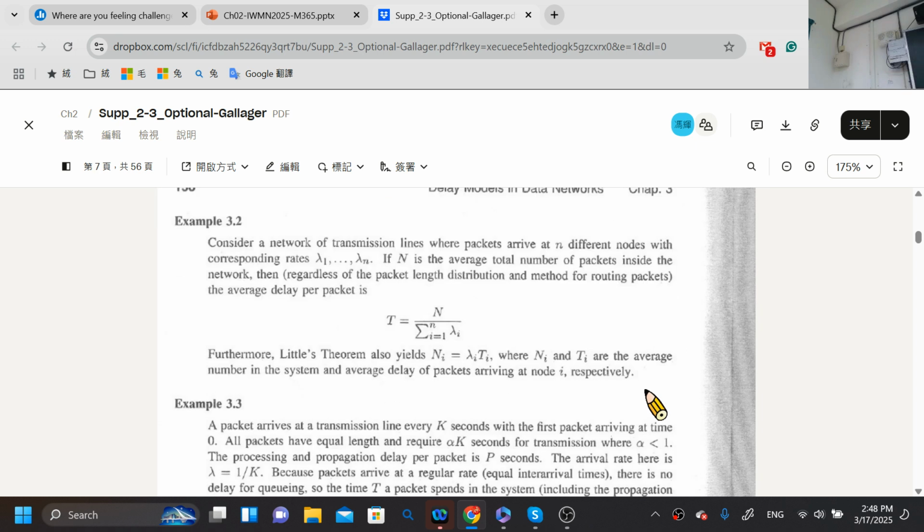And the next one, the second example. If we have a given example like this, is it possible to apply Little's law? Generally speaking, you need to check whether it is feasible or not. But if you want to have an answer, you can try, and you can use a different way to validate whether it is okay or not.